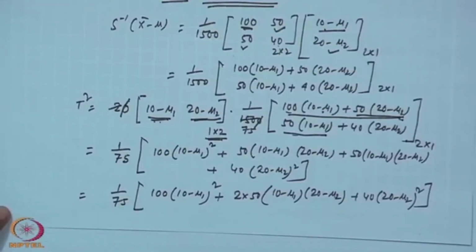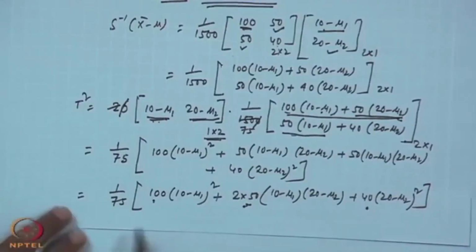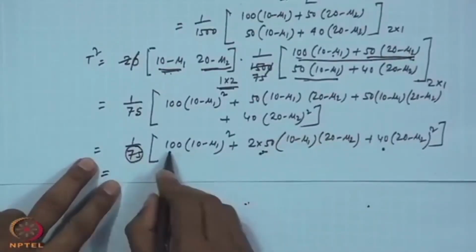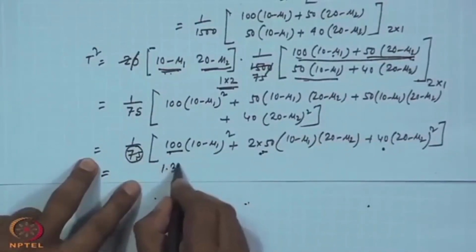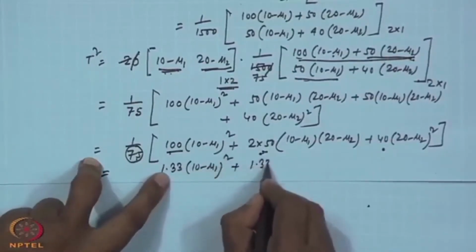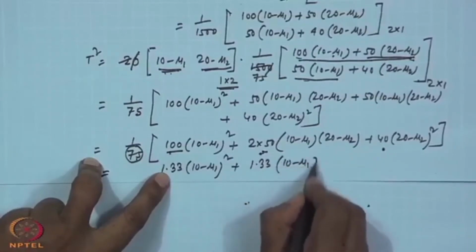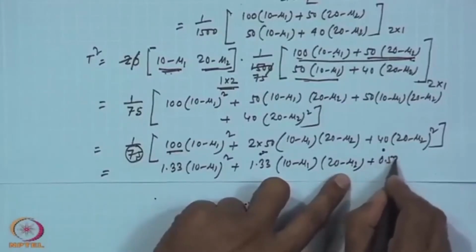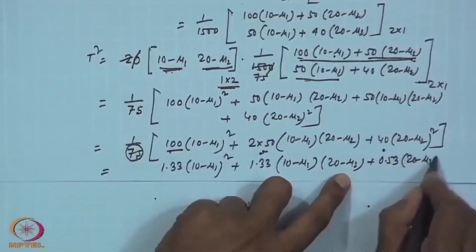Okay. So, this will be 1.33, the second one again 1.33, it should be 1.34 it is written, then this one is 0.53. So, the resultant quantity, if I divide this by 75, is 1.33 (10 minus mu 1) square plus 1.33 (10 minus mu 1) into (20 minus mu 2) plus 0.53 (20 minus mu 2) square.